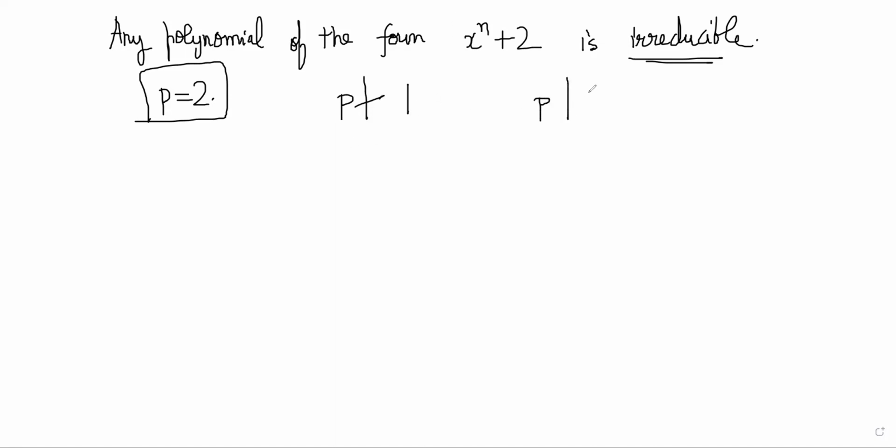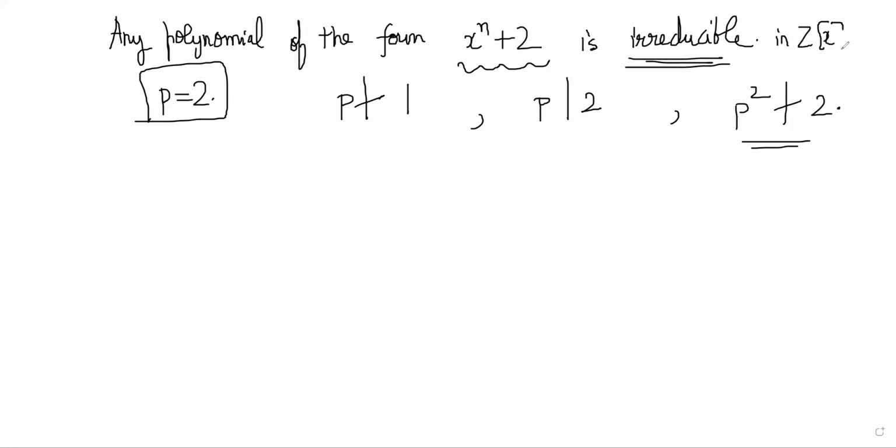However, p divides 2, which is the other coefficient, but p squared does not divide 2, right? So this polynomial follows the criteria of Eisenstein's criteria. Therefore, this polynomial is always irreducible in Z of x or Q of x, right?